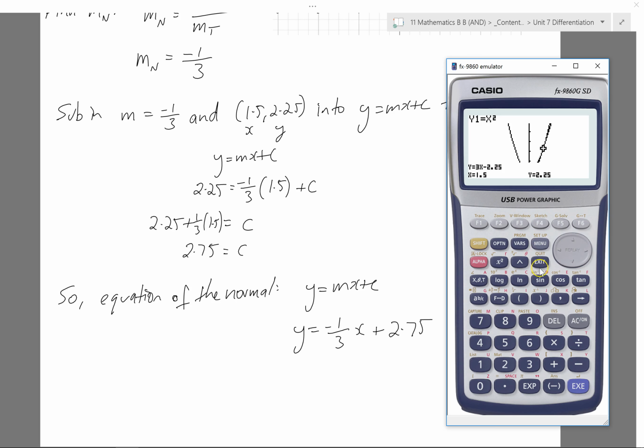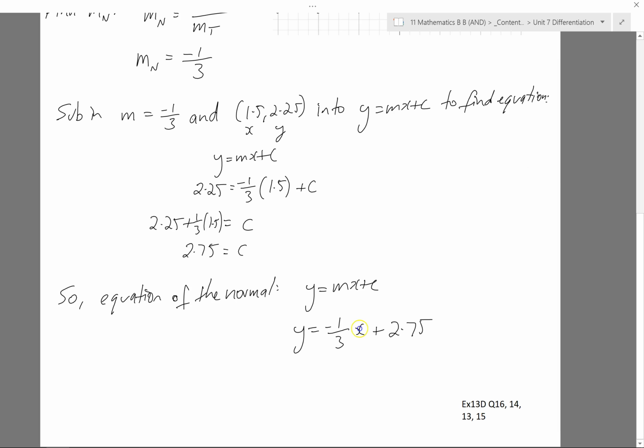Hopefully I've still got it graphed. I want to sketch the normal at 1.5. I'll press execute again, and there's my normal, y equals -0.333, so -1/3 x plus 2.75, and it's drawn it in for me at right angles, so all this stuff works.